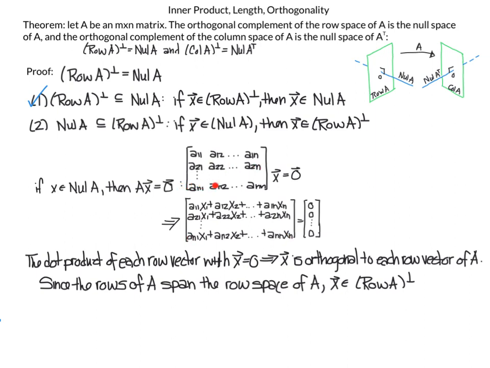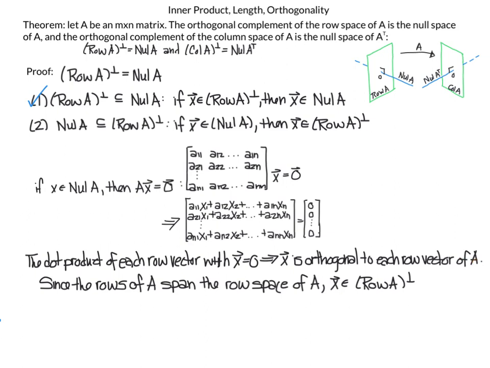When we multiplied the nth row times the column vector X, this row vector dotted with X is equal to this equation here, which is equal to 0. And since the dot product is equal to 0, X must be orthogonal to the last row. So again, X is orthogonal to each row vector of A.